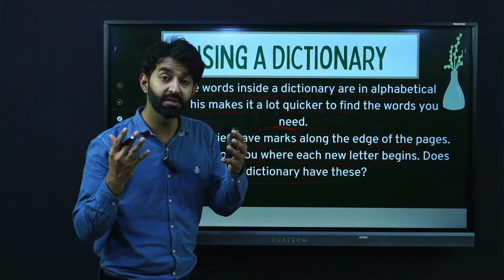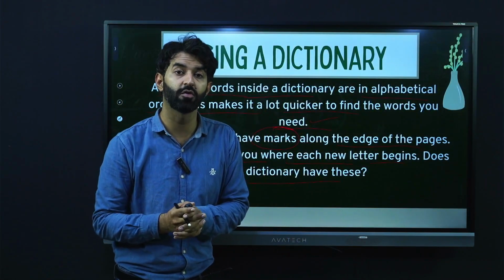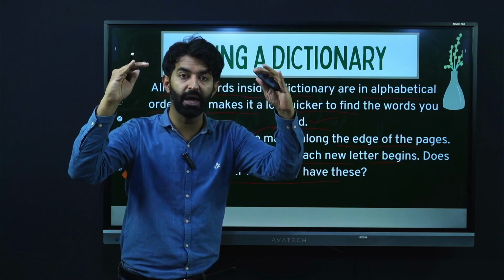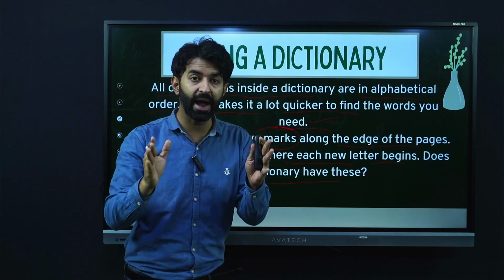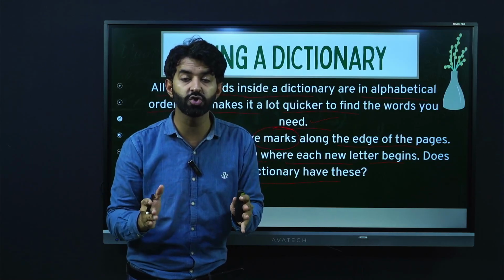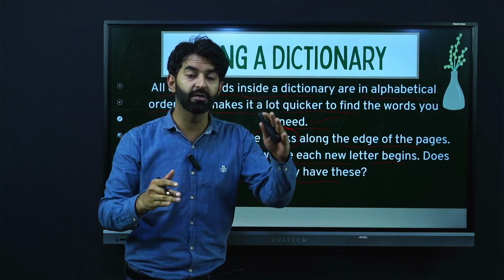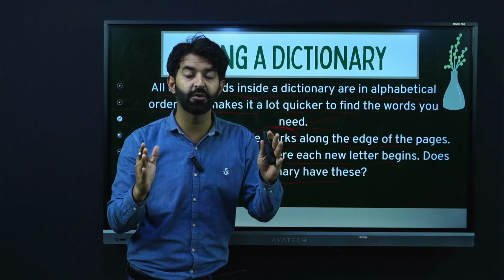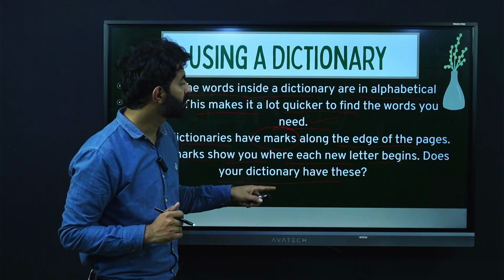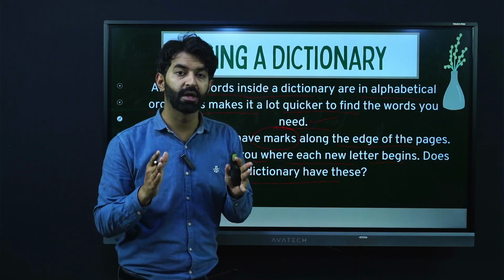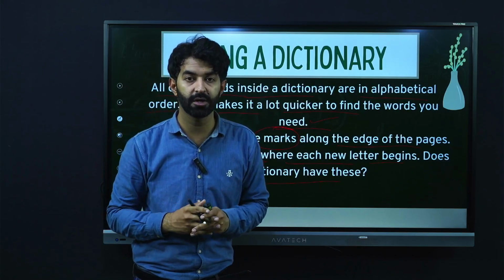Yes, our dictionaries do have words at the top of the page. They are called guide words. They tell us what kind of words, and the range of words, that we can find on that specific page. So we always go for the guide words that we have in our dictionary.